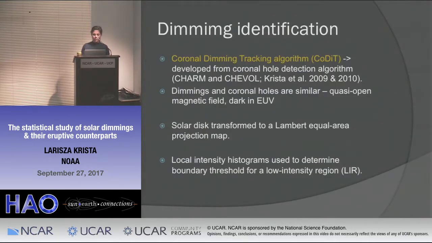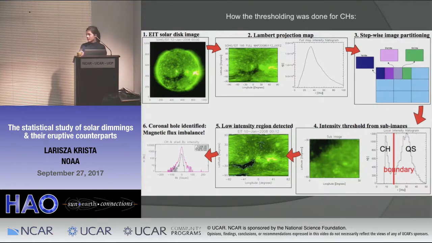Okay. So let's carry on and talk about the direct detection of dimmings. The algorithm that I developed is called CODIT, or Coronal Dimming Tracking Algorithm. It uses EUV images. Primarily, I use SDO-AIA 193 images. And basically, I use low intensity region detection by local intensity histogram thresholding. Just a quick run through.